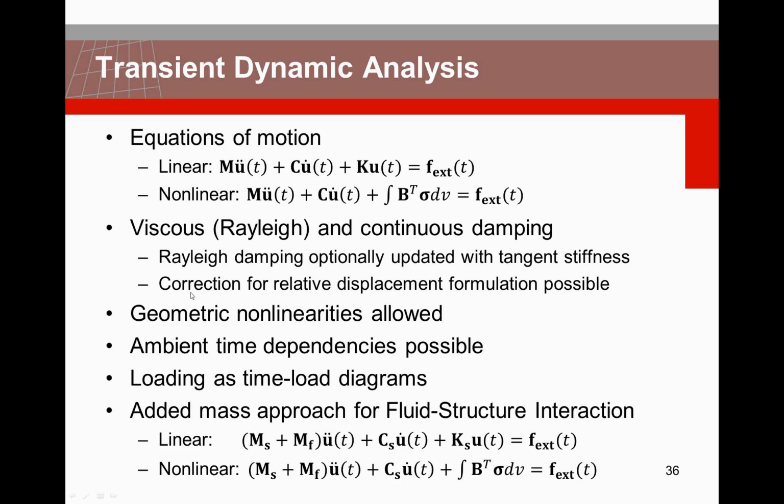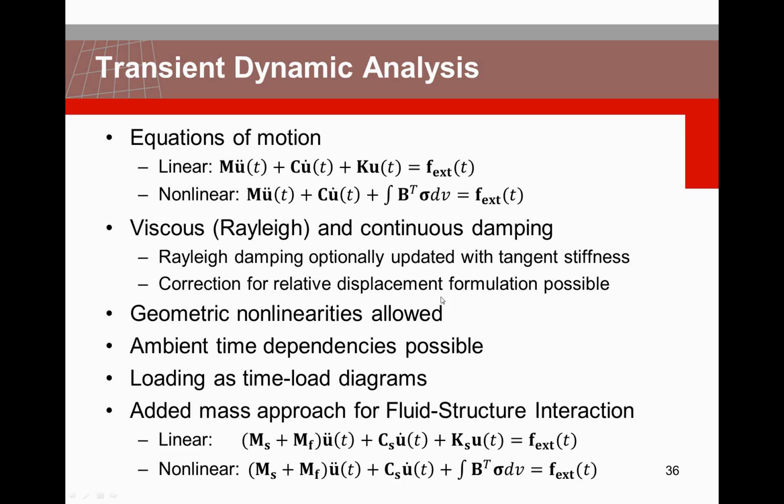It is possible, in case you want to use relative displacement, to do a correction, because there is a small difference whether you use a total displacement formulation or a relative displacement formulation, and that can be compensated.